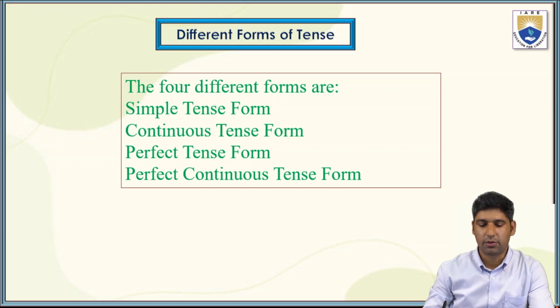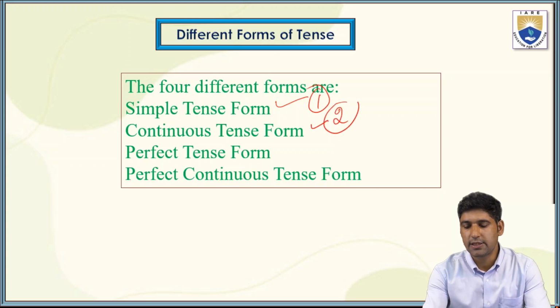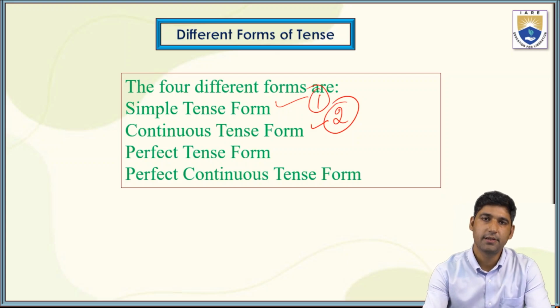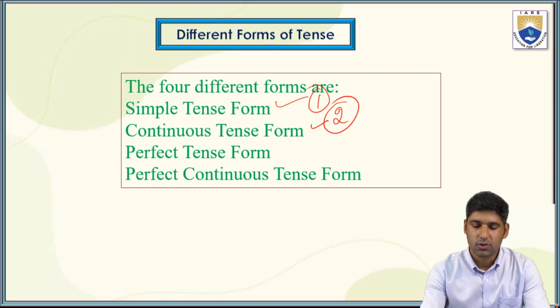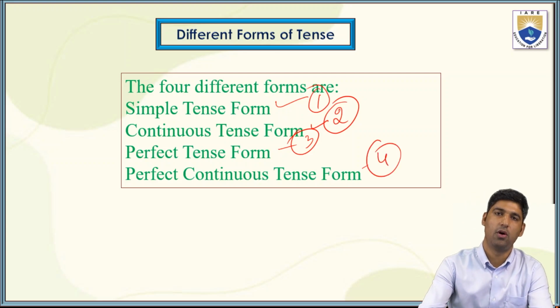Let's talk about the four different forms. We have simple tense form. The first one is simple tense form. Second one is continuous tense form. These are applicable to all the three tenses, to present, to past tense, and to future tense. So the first one is simple tense form, second one is continuous tense form, third one is perfect tense form, and fourth one is perfect continuous tense form.